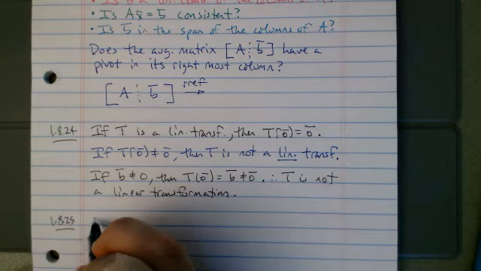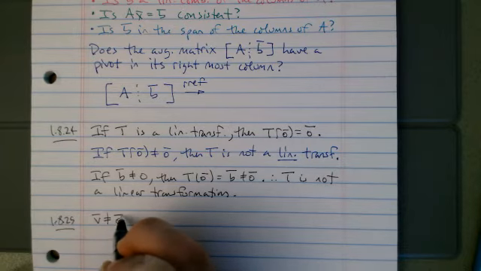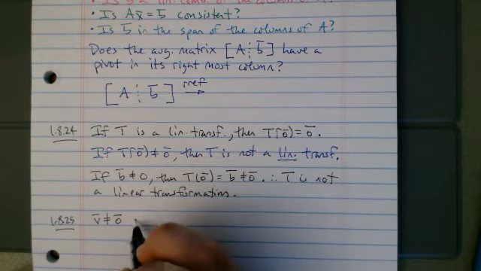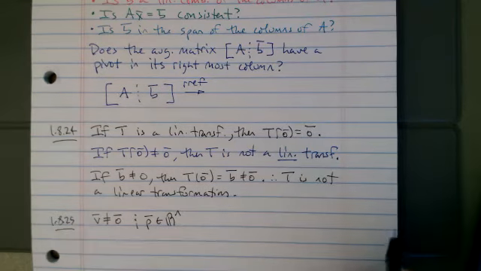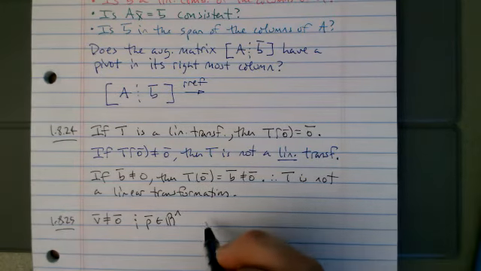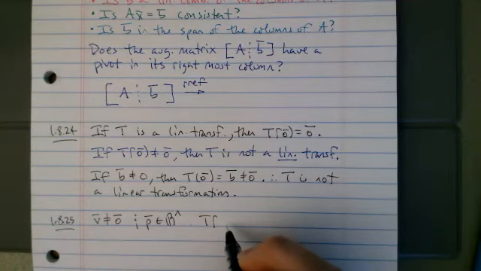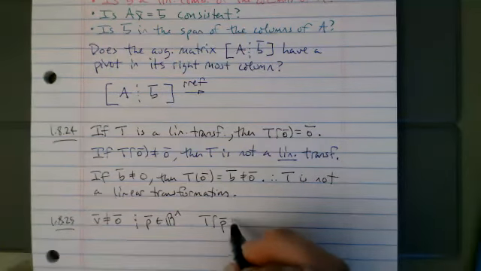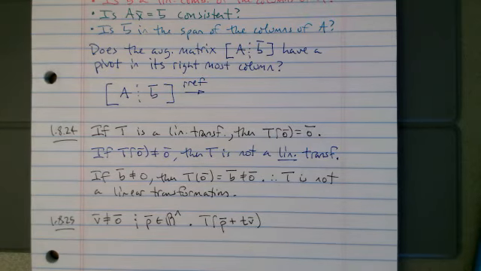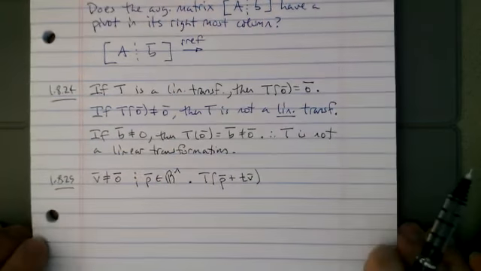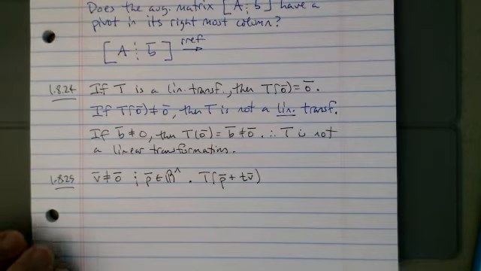So v is not 0, and p is some other vector in Rn. So if I want to do T of p plus tv, this is kind of a jerk move, they use t for the parameter. But all right. We're just going to use the fact that T is a linear transformation.